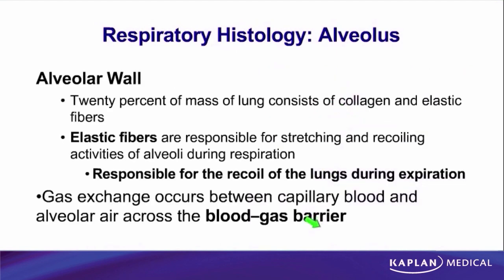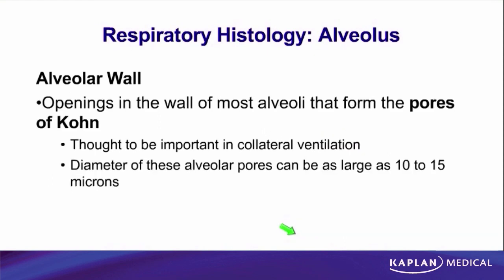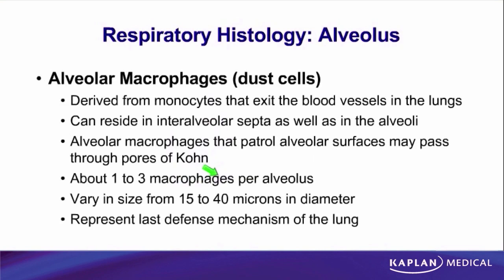And we talked about the two layers of epithelium with a basement membrane in between, serving as the blood-gas barrier. There are openings between alveoli called the pores of Kohn. There are openings between alveoli that allow for collateral ventilation in the event of obstructions of the airway. It also allows for those macrophages to move from one alveolus to another.